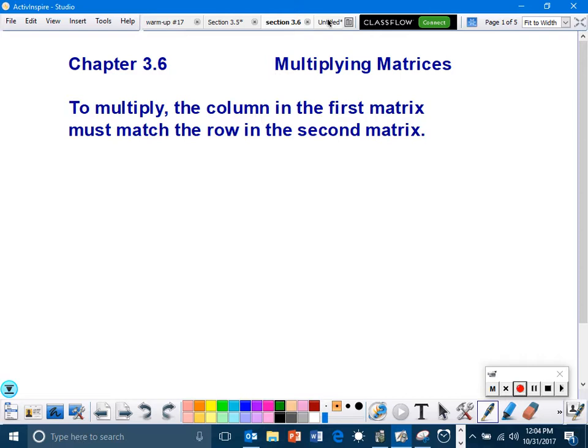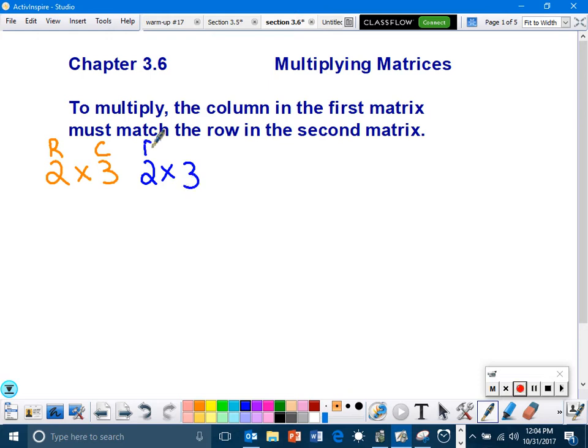So what does that mean? Okay, here we go. So for example, if I had a 2 by 3, okay, so there's 2 rows, 3 columns. And I had another matrix that is another 2 by 3.